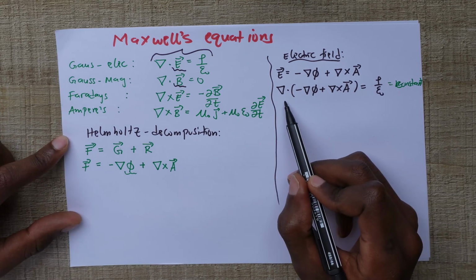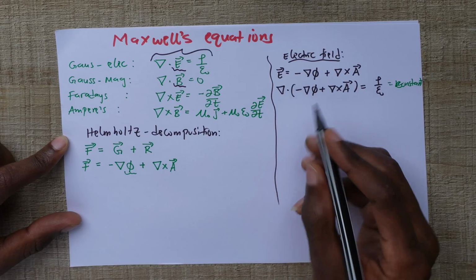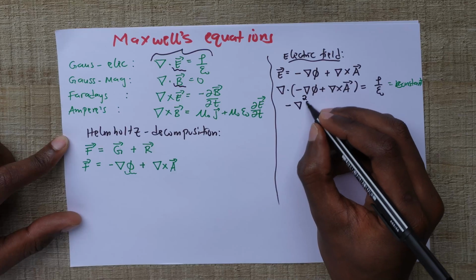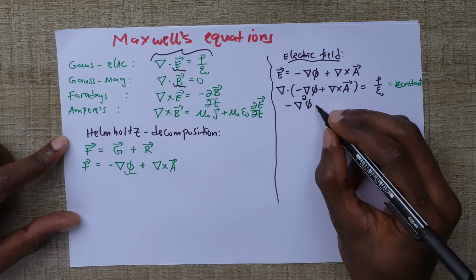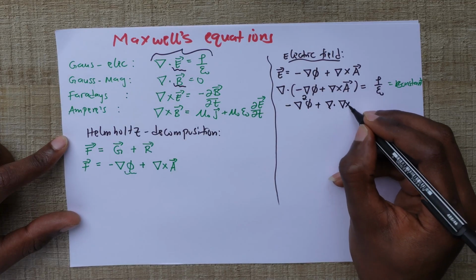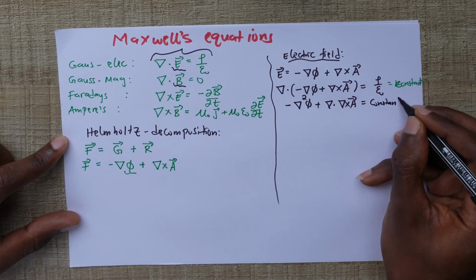Okay, if we try to simplify this, the first term will give us negative nabla squared phi. And the second is going to give us nabla dot the curl of this quantity, and this has to be some constant.